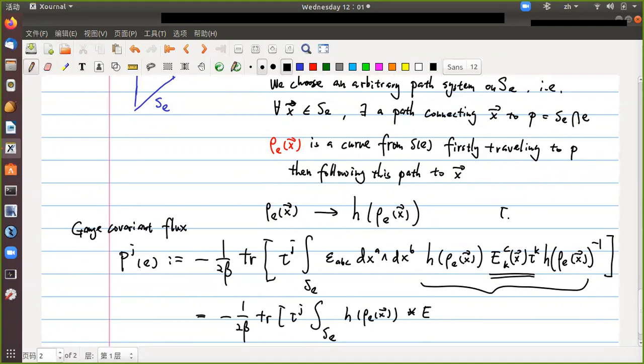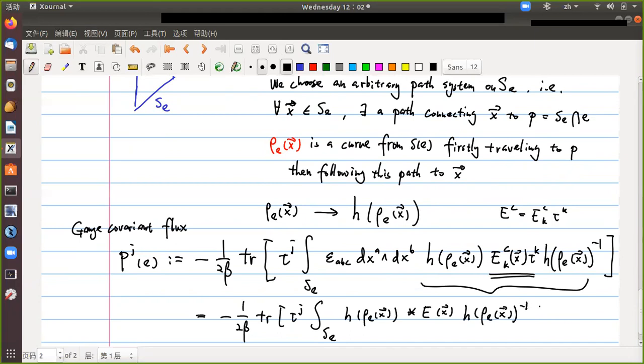So here we take E to be E^c_k. Okay, yeah. So then this is just star E and X. So again, a matrix, and then h rho E X.